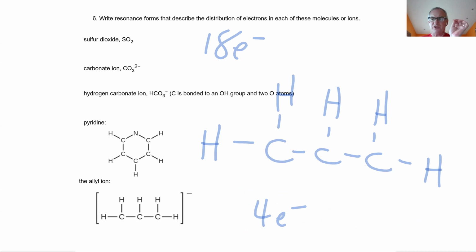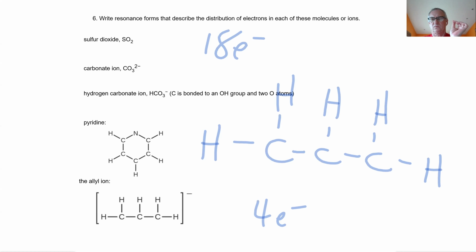Do any of the hydrogens need electrons? No, because they just have 2, and each of them has a bond, so they're all fine. What about the carbons, though? They do.